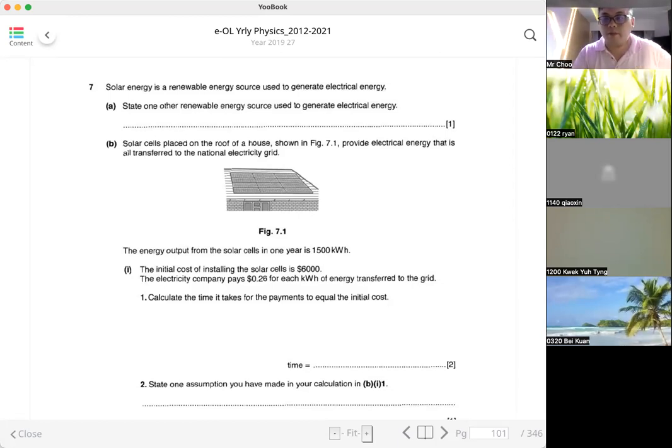Okay, Pei Kwan, your part A is correct. Ryan, part A correct. Oscar, Hao Rui, your part A is correct.